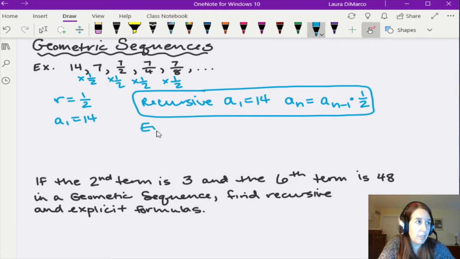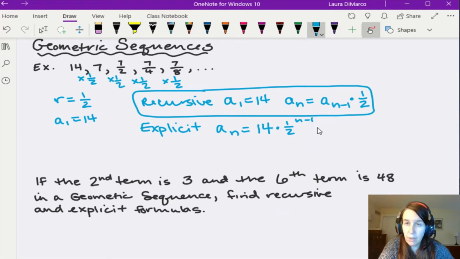And then our explicit formula, a sub n is equal to our first term, a sub 1, so 14 times 1/2 to the n minus 1 power. A lot of times when the r value is a fraction, you will see it put into parentheses like this. Notice this again is an exponential equation, looks like exponential decay because r is less than 1.